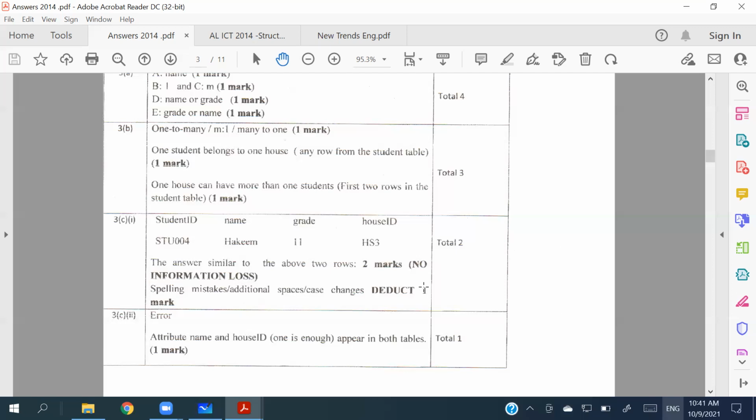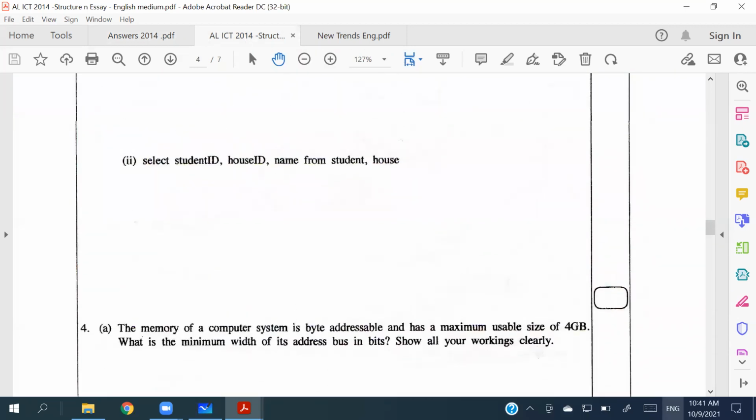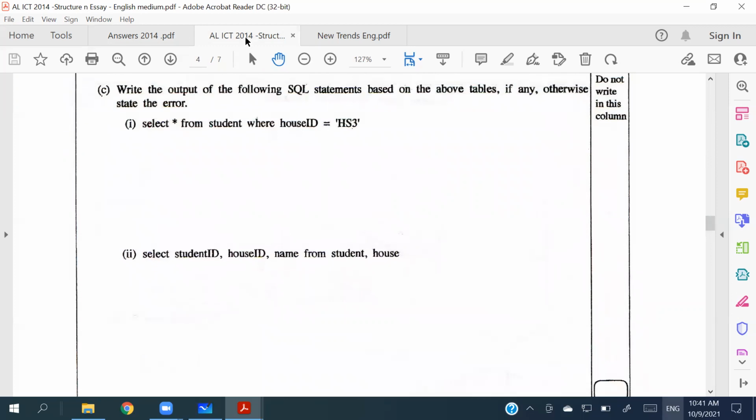And the second query actually, it says select student ID, house ID, name from student, house. Here we are going to have a problem. What is the problem? They are asking us to select things from a join. So they are joining the student table and the house table to select student ID, house ID, and name.